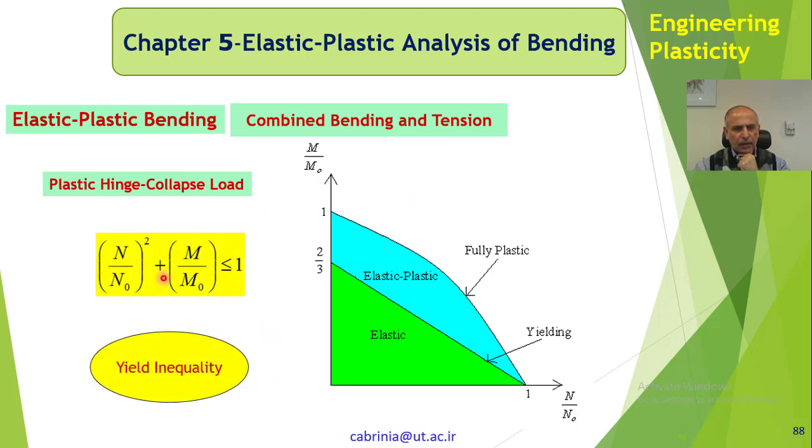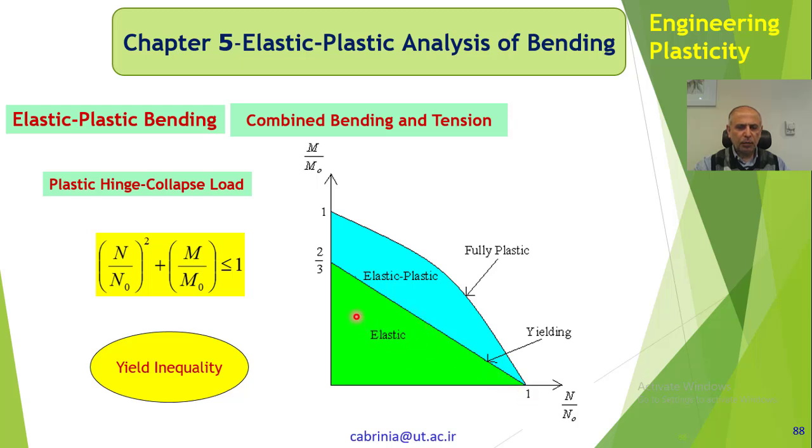And this yield inequality, if we plot M over M0 against N over N0, then these are the areas of interest. For instance, when M over M0 is 2/3 and N over N0 is 1, we are on the verge of the elastic plastic region.